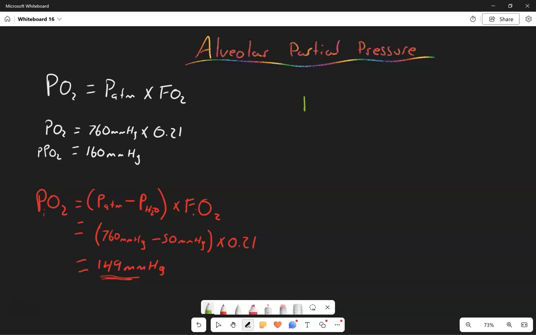So what we say is that the alveolar partial pressure of oxygen is actually equal to the partial pressure of the inspired oxygen, which was our 149 millimeters of mercury, minus whatever the O2 consumed is.